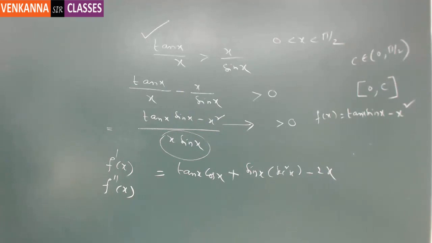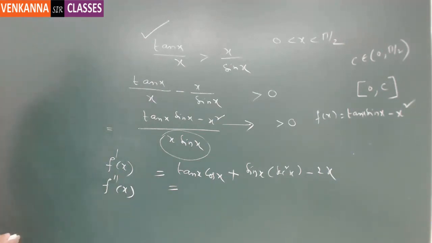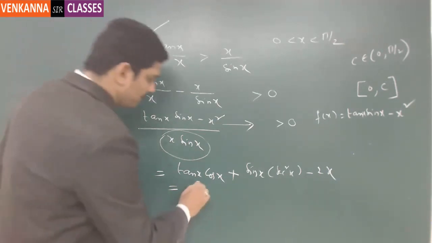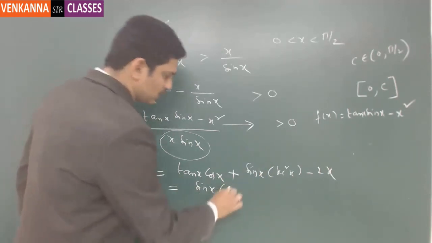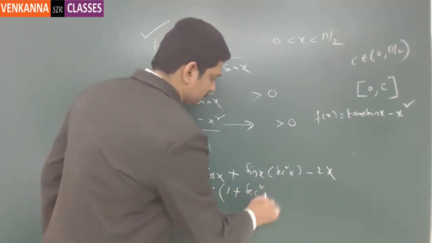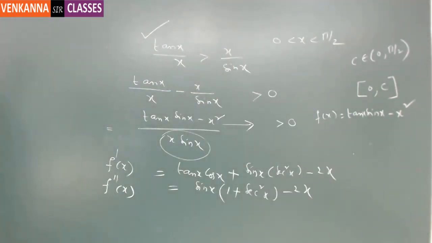You can take sin x as common. Here you will get sin x into 1 plus secant square x minus 2x.